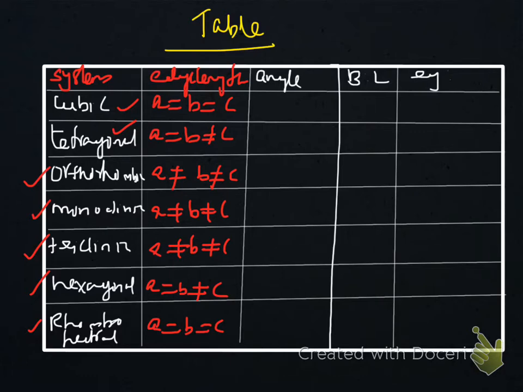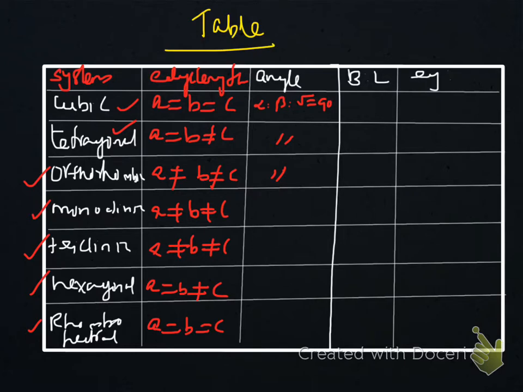Coming to the angles, for the cubic system it is alpha equal to beta equal to gamma equal to 90 degrees. That is true for the next two systems also.